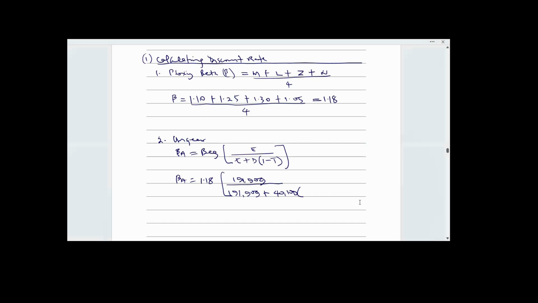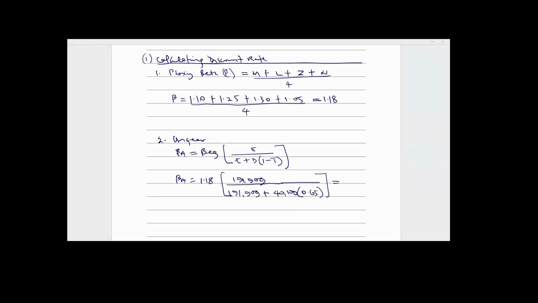So 1 minus 35% will give me 65%. So we are to account for 65%. Let us bring out our calculator to do this, to get our beta assets. Let's do it together, please.